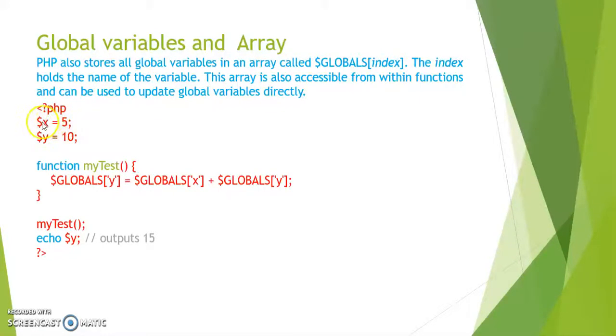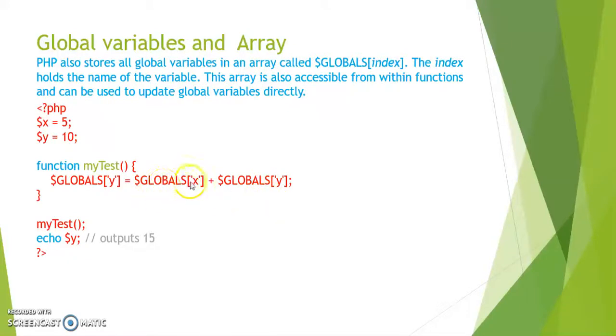Just like here, we define x equal 5, y equal 10. Now, the difference with that one is that we don't have this $ sign, and the keyword is not plural, it's single, global, not globals. Then we now have this, which defines the array. Then the variable that we intend to place inside, which is our y, and x plus this.